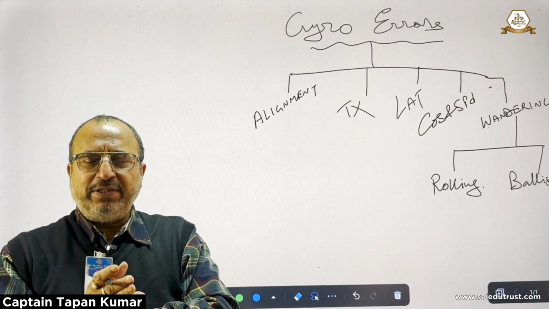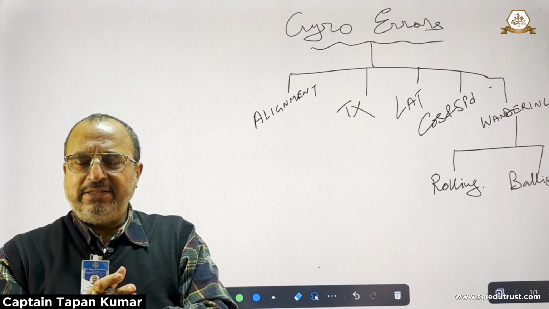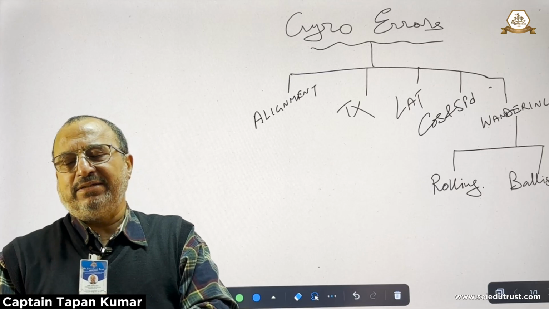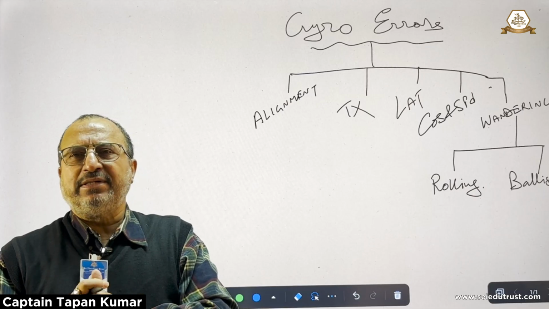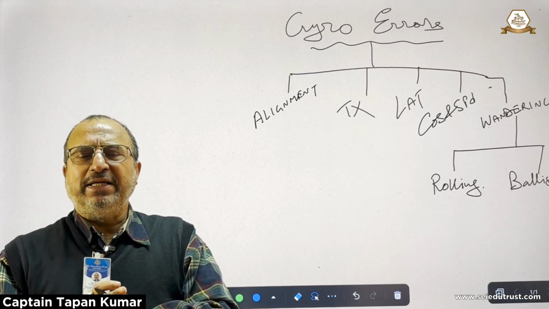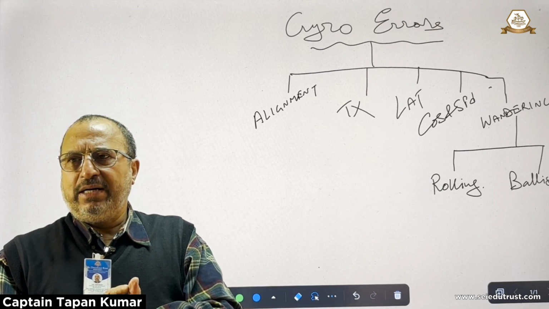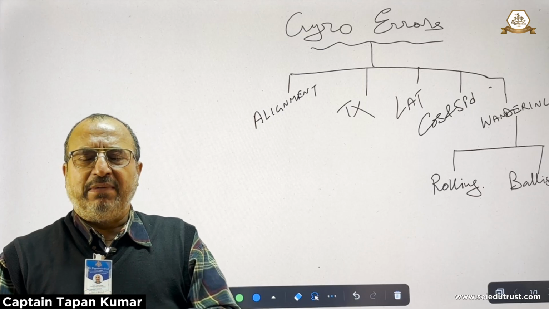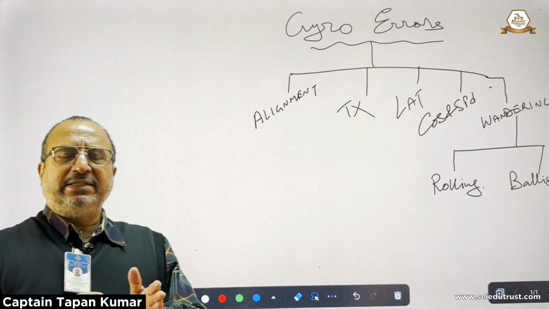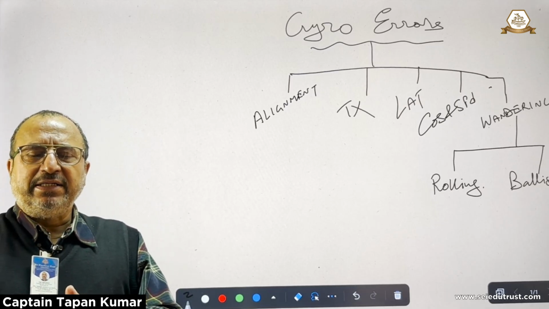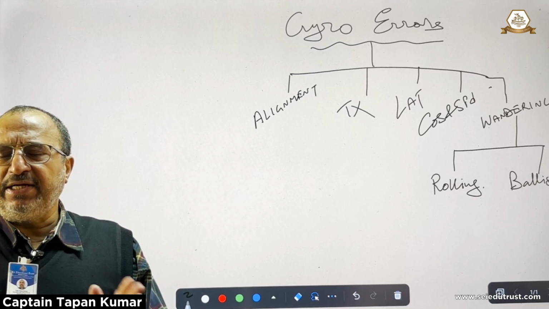So, it is the error between the level line and the ship's fore and aft line of the vessel. You don't need to do any correction on this. Normally, this part is taken care of by the technician while mounting the gyrocompass, and they ensure that this level line is always parallel with the ship's fore and aft line.